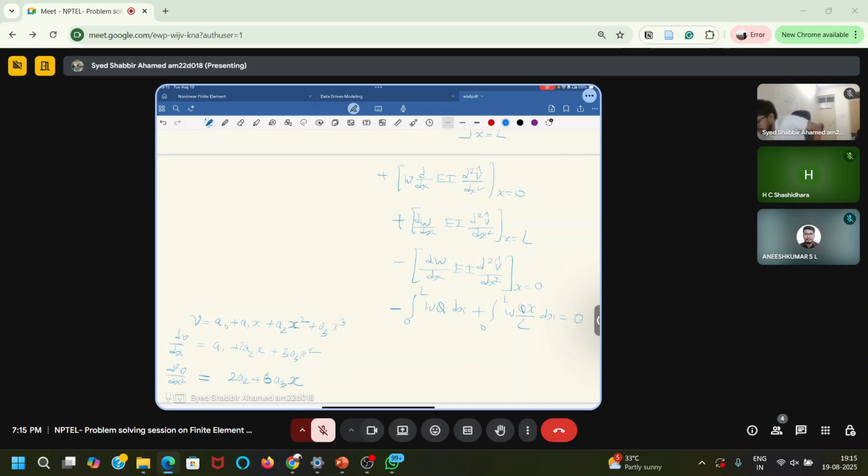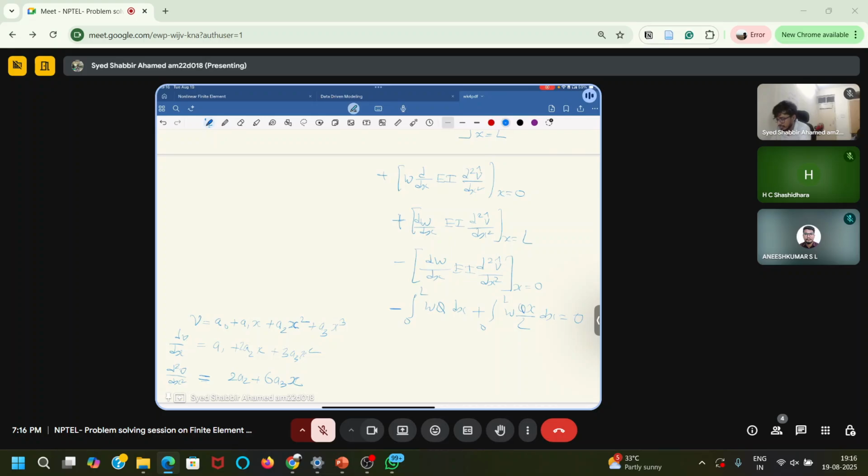So now you can see that this function is differentiable twice. Obviously, if I substitute x is equals to something, d square v by dx square will have some value. And the differentiation which we are getting is also continuous.